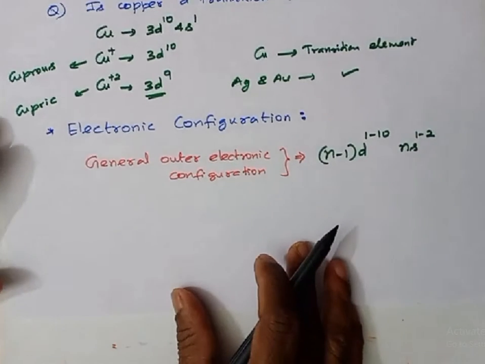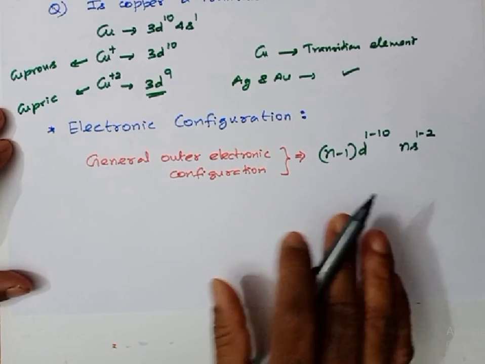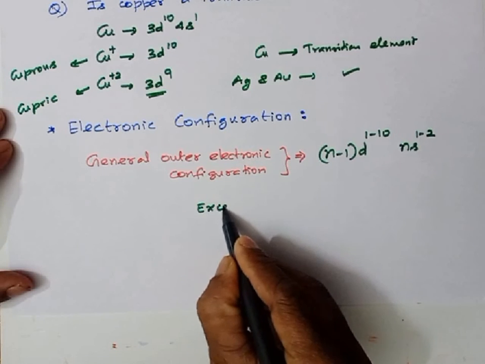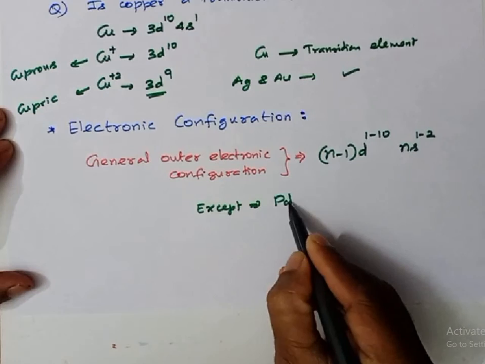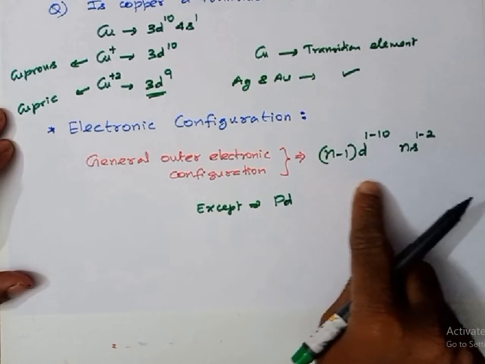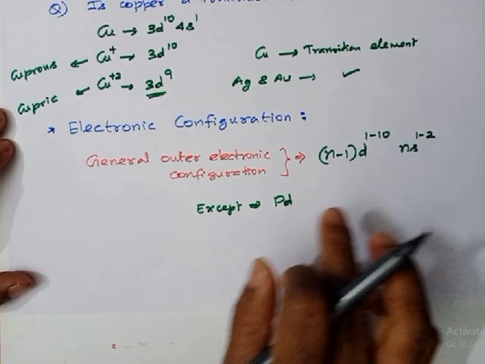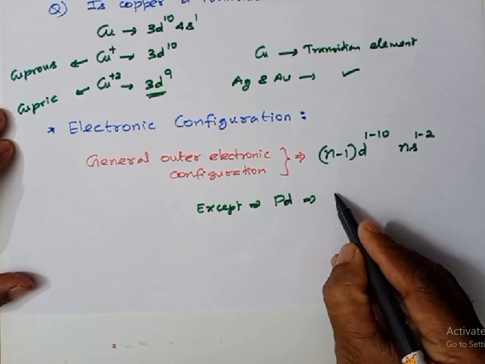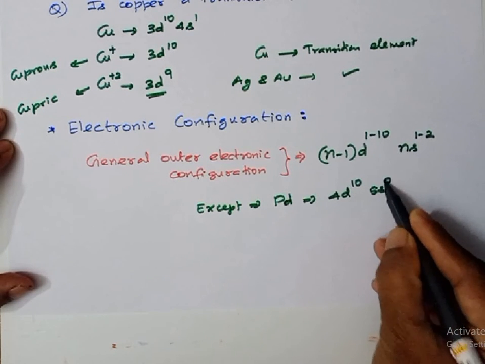Okay. Now, in the periodic table, except palladium, there is an exception. Except palladium, all other elements have some electrons in the d subshell, some electrons in the s subshell. But in palladium, we have the electronic configuration 4d10 5s0.